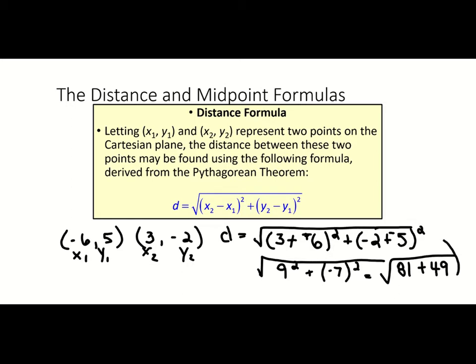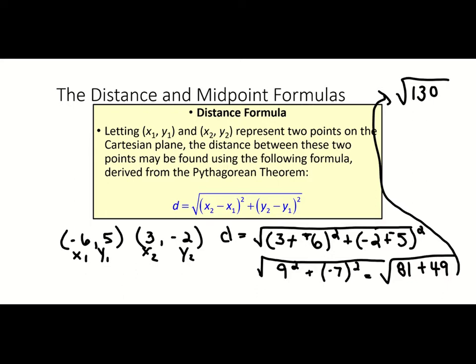Then I'm going to have the square root of 130, if I did my math correct. And then from there, you can use a calculator if they ask for an approximate distance if it's not a perfect square, or you could break it down.